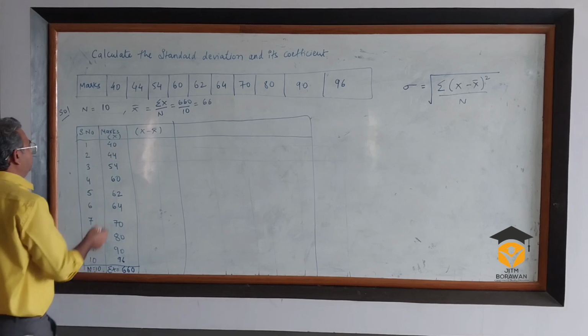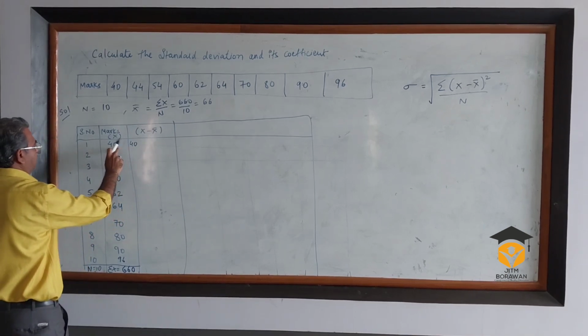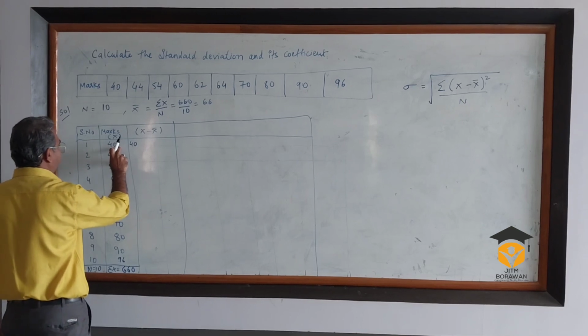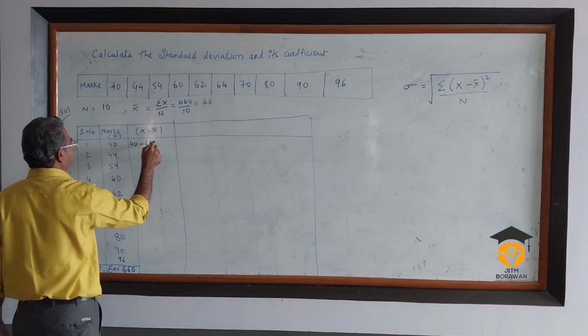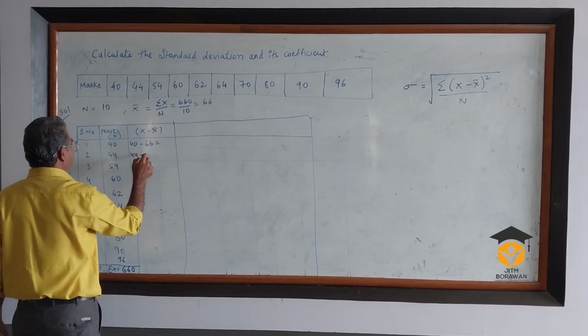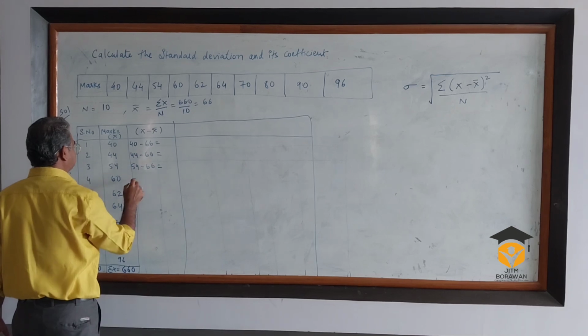So here I will write 40. 40 is the first value of my variable. 40 minus arithmetic mean, that is 66. Then we have 44 minus 66. Then 54 minus 66.